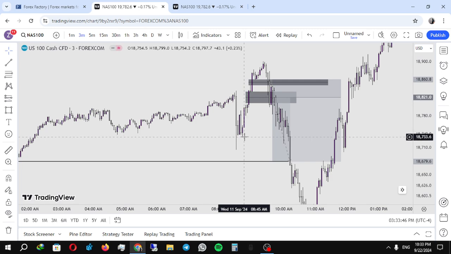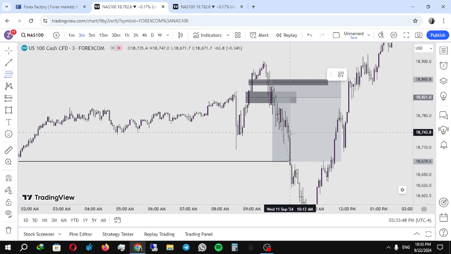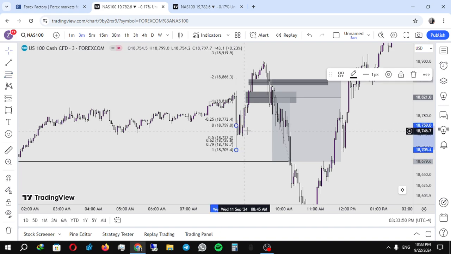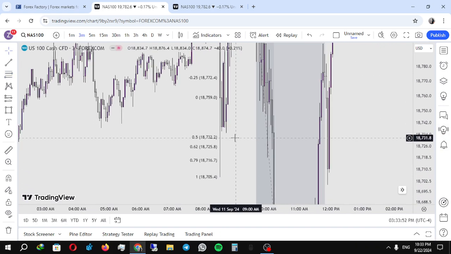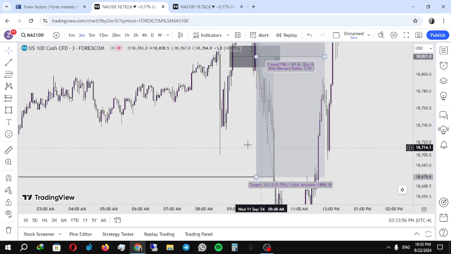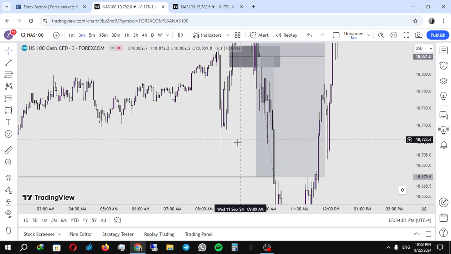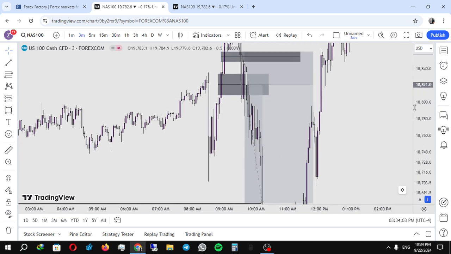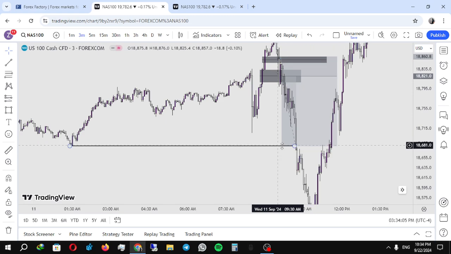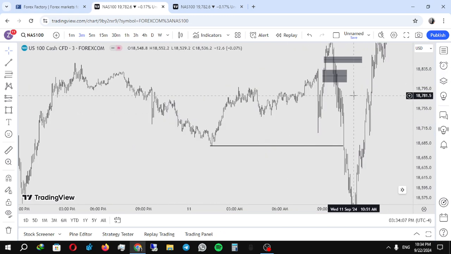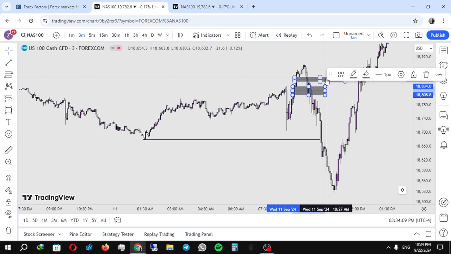We have seen a close. Does this candle close the 0.5 of that candle? Nope, but price gravitated to the 0.5 twice, and smashed to the TP, the sell side liquidity.